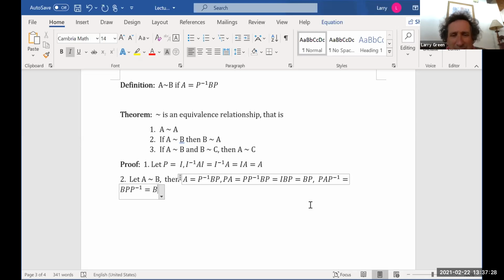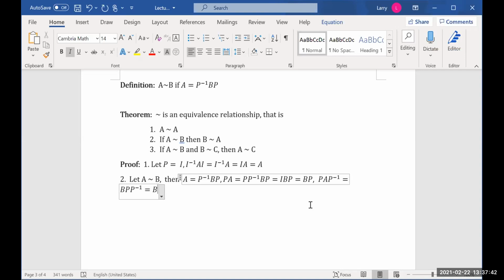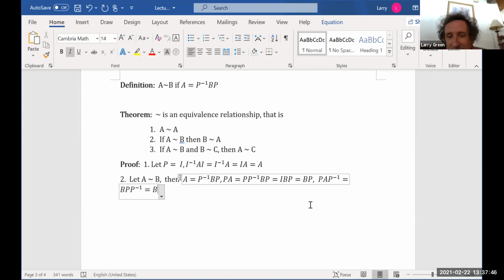Why am I basically done? I just have to state something. Because if we look at the definition, it's not quite exactly looking the same, because I need to show that B is equal to an inverse of a matrix times A times the matrix.